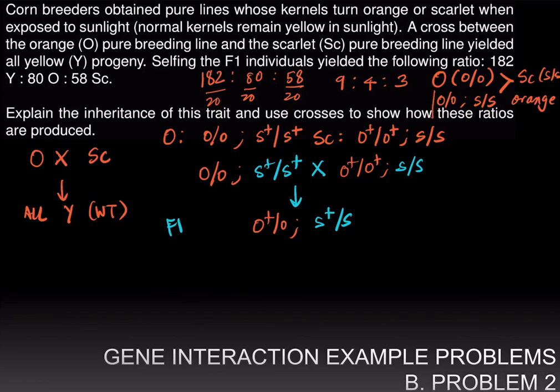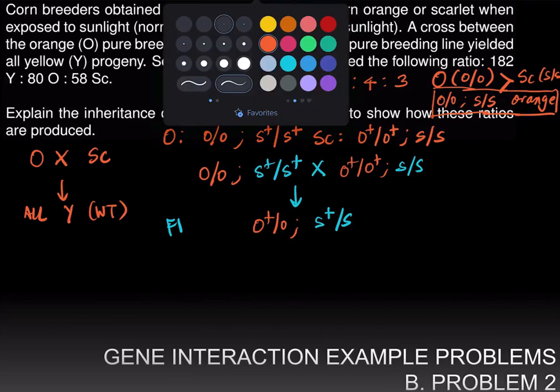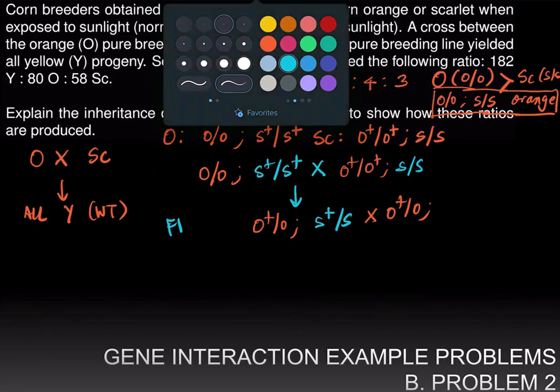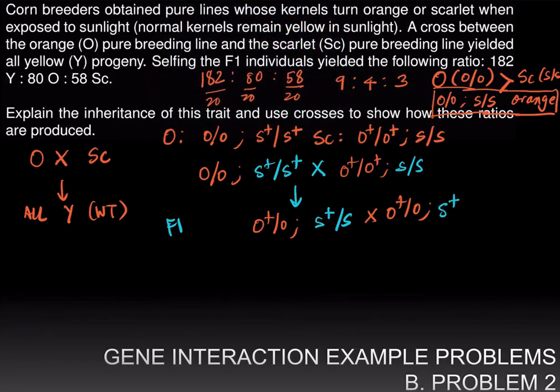We should save this fact while we work out the dihybrid cross. So now we will carry out the dihybrid cross, and we will self these corn plants, the F1 dihybrids, so that we get our four phenotypic classes.